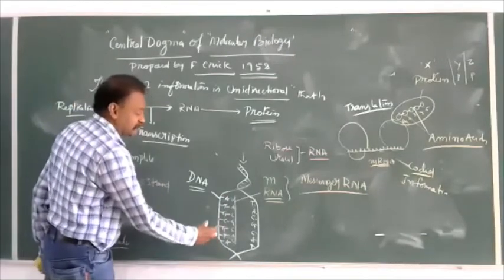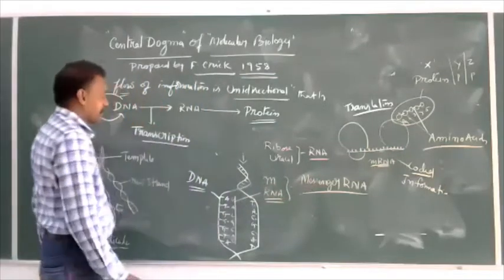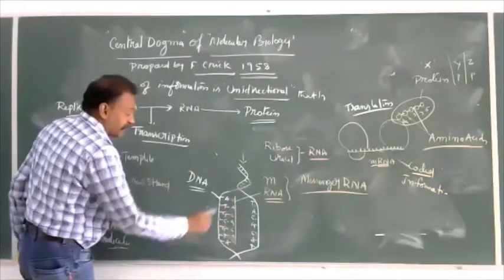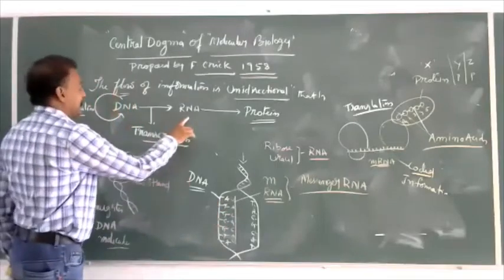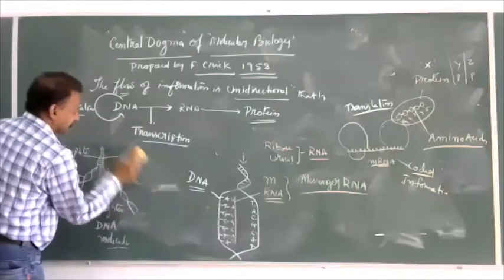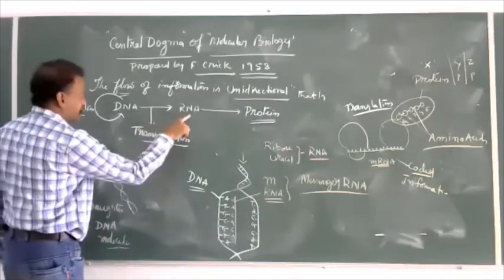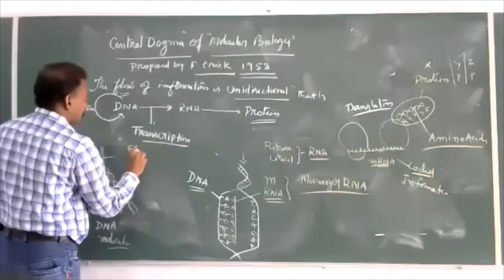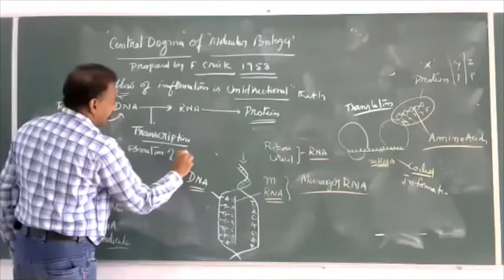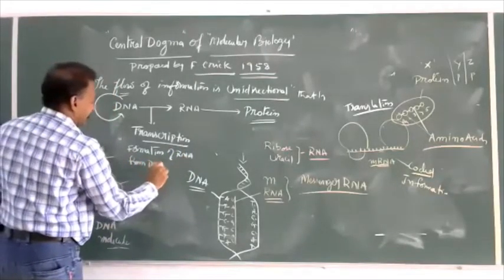So this RNA which is coming here is called mRNA or messenger RNA. The process is called transcription, formation of RNA from DNA. Transcription means the process of formation of RNA from DNA.